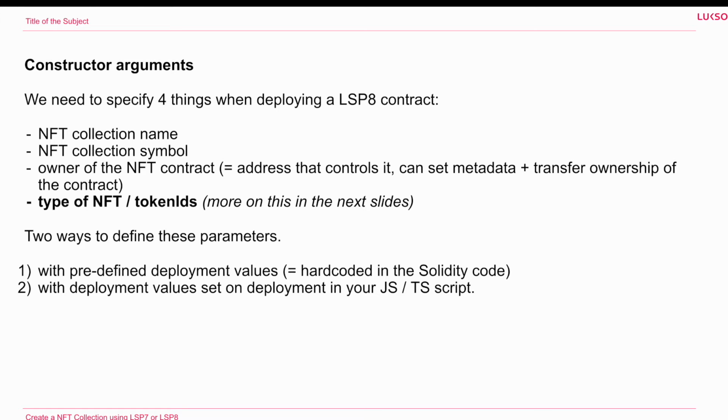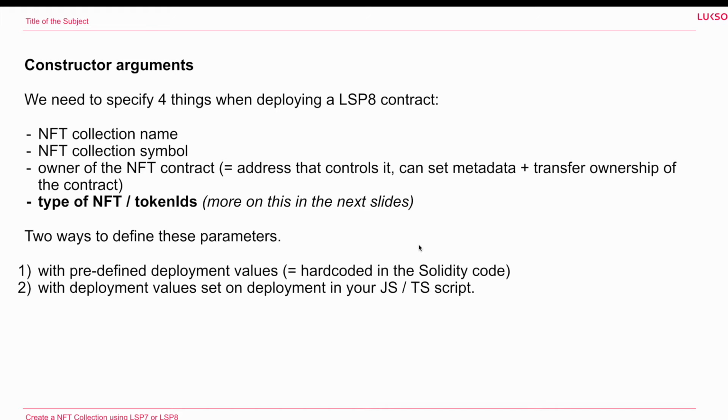In the future, if this contract needs to be owned by someone else, for instance, in a real world context, the whole management of a collection is moved to an organization or another person, then this is the address specified as the owner that will be able to do that. And finally, we will have to define the type of NFTs and token IDs, and we will see that in a second.